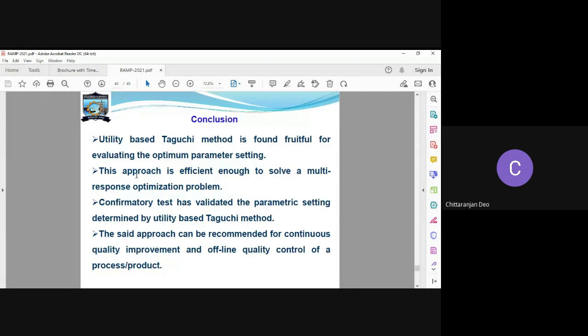To conclude this utility method, the utility-based Taguchi method is found to be more fruitful for evaluating the optimum parameter setting. This approach is efficient enough to solve the multi-response optimization problem. The test result has validated the parametric setting determined by the utility-based Taguchi method, and the approach can be recommended for continuous quality improvement and offline quality control for a process or product.